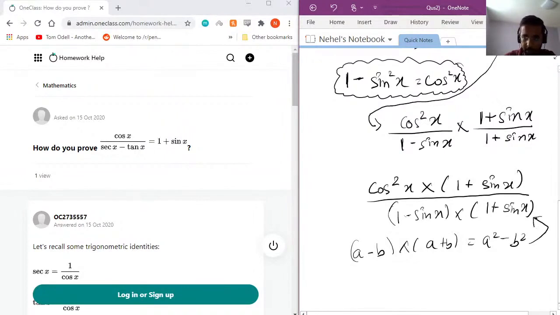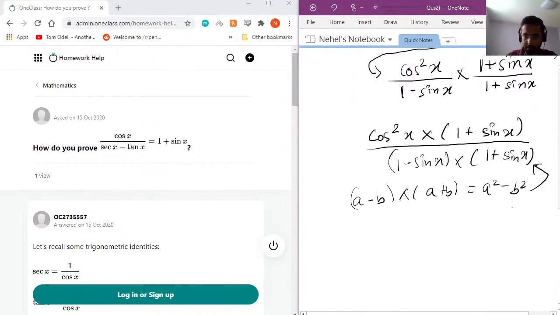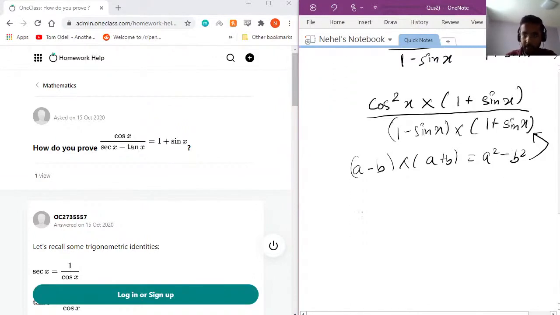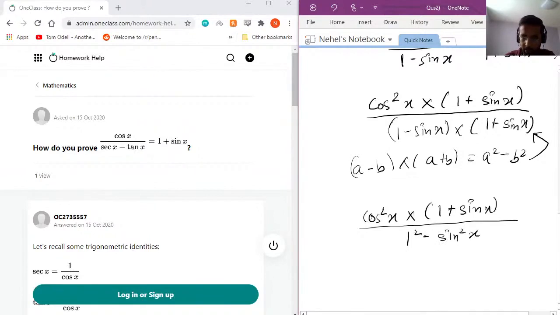So we can use that property here to further simplify this expression, and we would get cos squared x times 1 plus sin x divided by 1 squared minus sin squared x, and 1 squared is nothing but 1, so we will leave that as is. So this should look familiar to you. This was exactly what we had written in our thought process as we showed above.